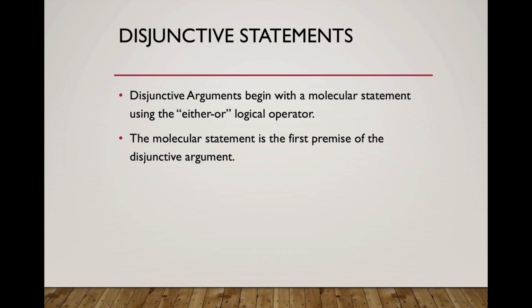The molecular statement is the first premise of a disjunctive argument, just as with a conditional argument. The statement, again, has two parts, and in disjunctive statements, we call those two parts the first and second disjunct.